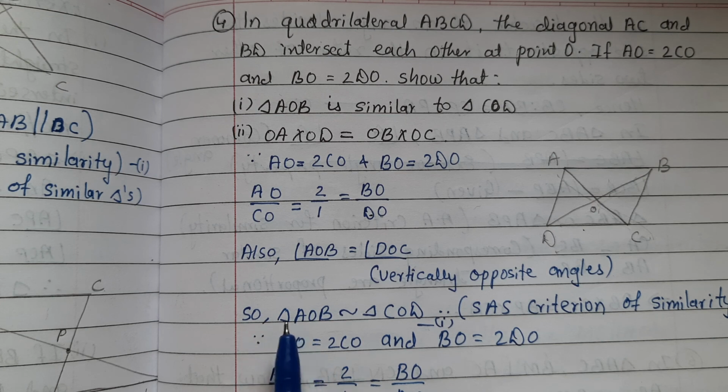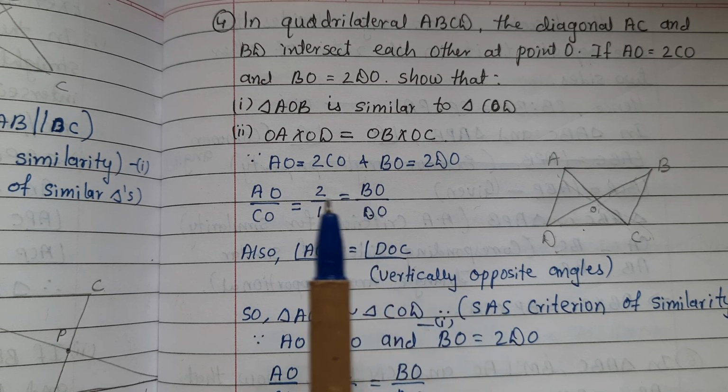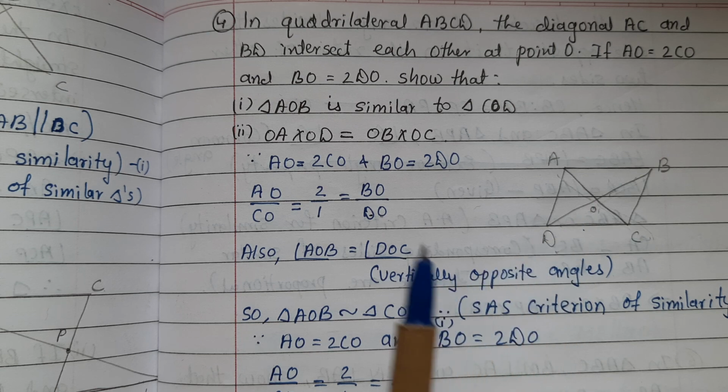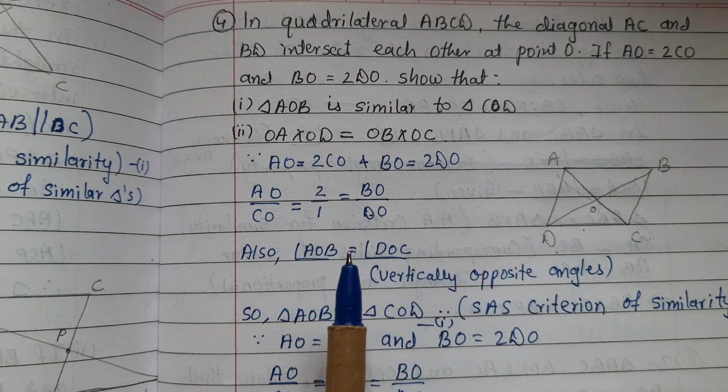Therefore, triangle AOB is similar to triangle COD by SAS criterion of similarity: two sides including one angle, sides are proportional and angle is equal.